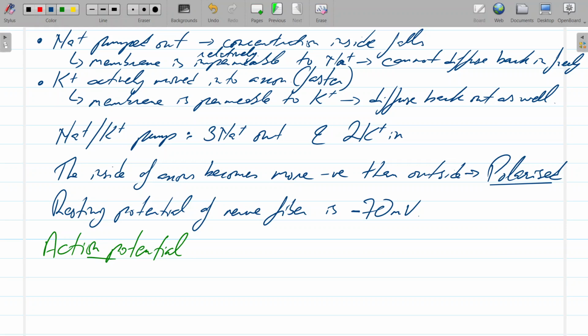And so what happens is when a stimulus is received, either the sensory neuron receives a stimulus, or there are neurotransmitters arriving at a motor neuron. And we'll come to neurotransmitters later.